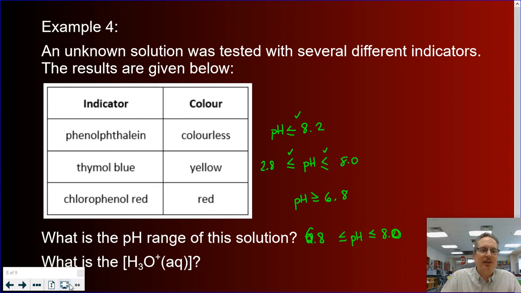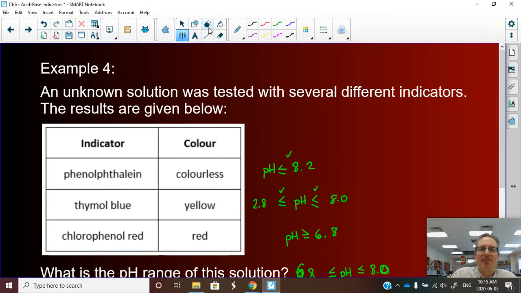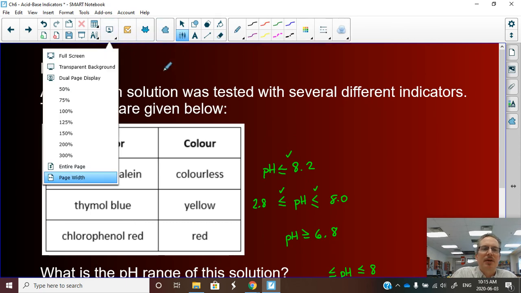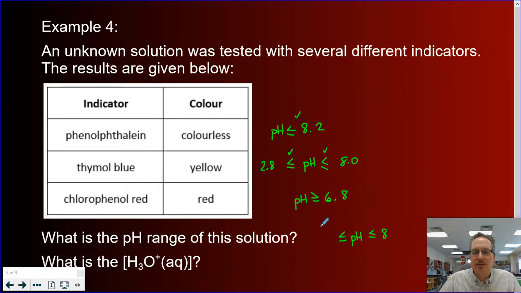Let's clean that up a little bit because I made a mess. So we know that it's 6.8 and 8.0. So pH is greater than or equal to 6.8, and pH is less than or equal to 8.0.